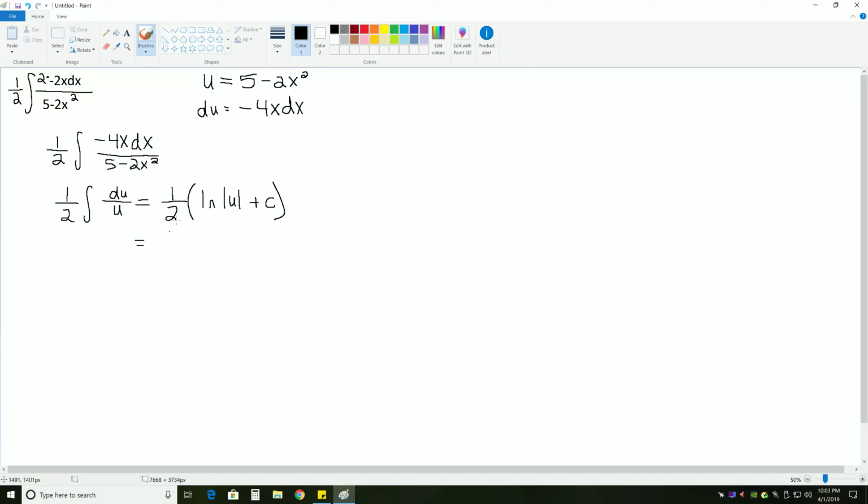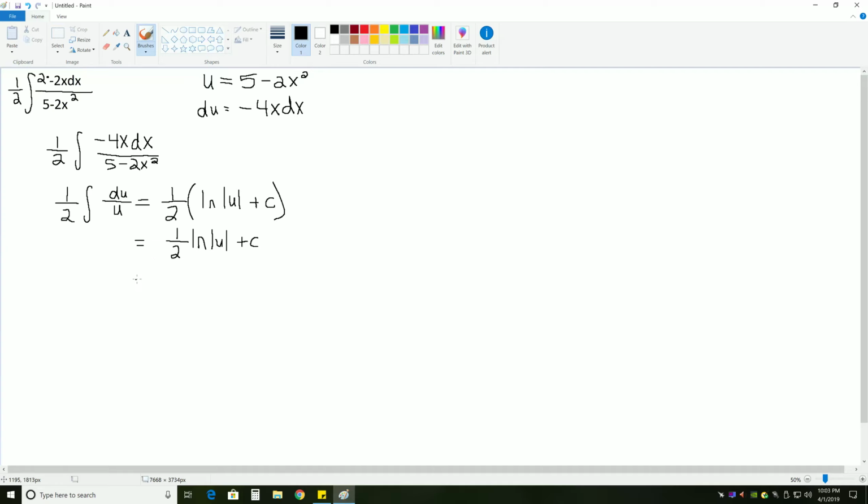Now we'll multiply this 1/2 to our natural log. Always remember, you do not need to multiply it to the c value because c is just some unknown constant. 1/2 c is the same thing as c when it comes to your final answer.